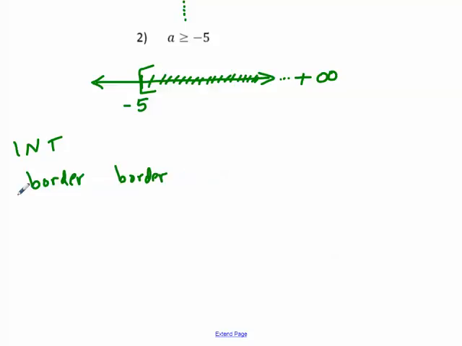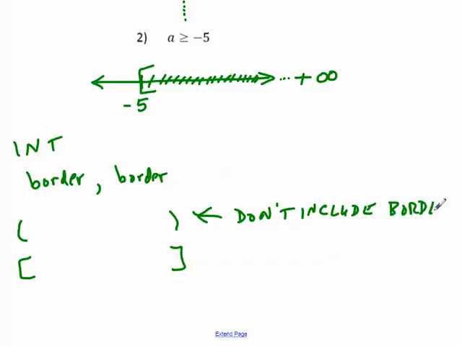Do we include the border? Do we not include the border? And a comma between them. So that'd be square or rounded bracket, comma, square or rounded bracket. The rounded brackets are if we don't include the border, and the square brackets are if we do include the border.